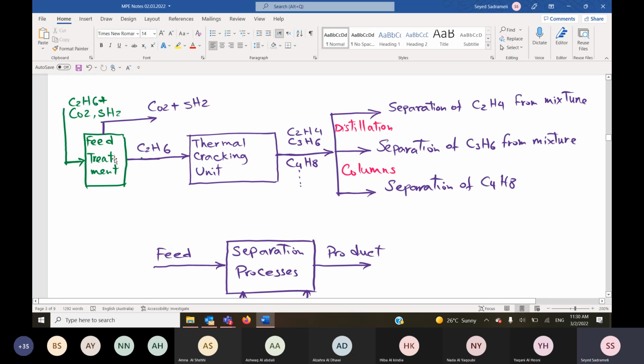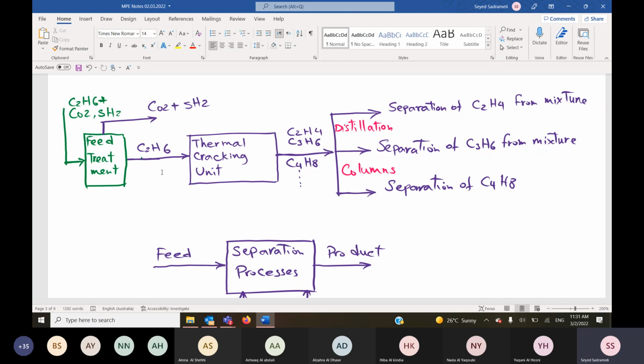You have a mixture of ethane, CO2, and H2S, which has to go through the thermal cracking unit, and we have to treat them in a column, washing them with an amine solvent to get rid of CO2 and H2S, and then send the pure hydrocarbon to the thermal cracking unit.